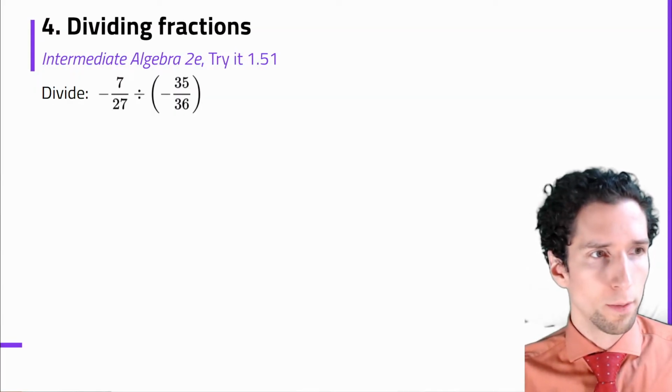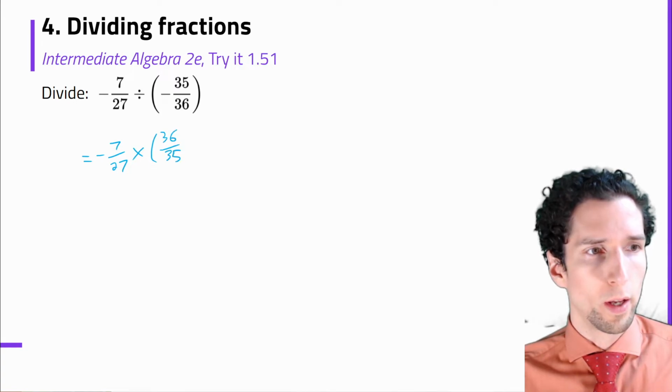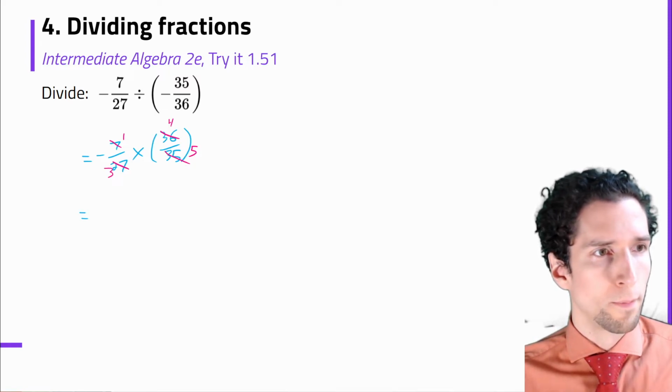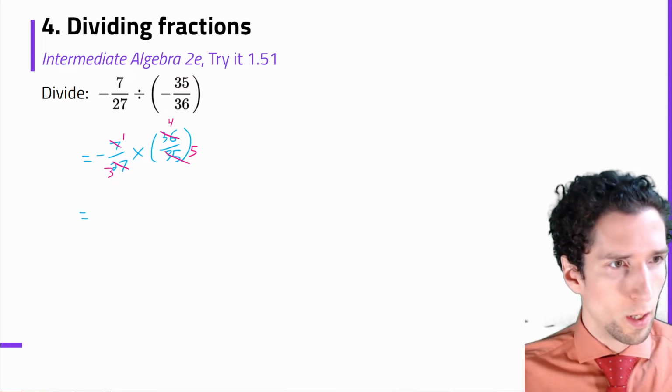My turn here. So negative 7 over 27 times 36 over 35. And if we simplify 36 over 27, that's a 4 and 3. 7 over 35, that's 1 and 5. So that gives us, so I forgot the negative sign here.